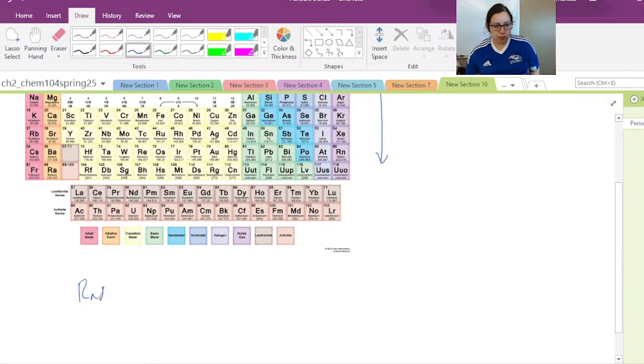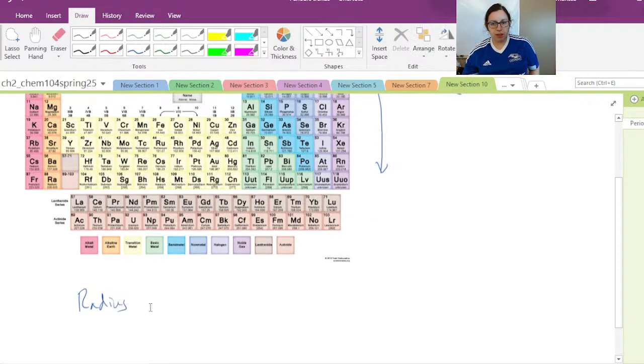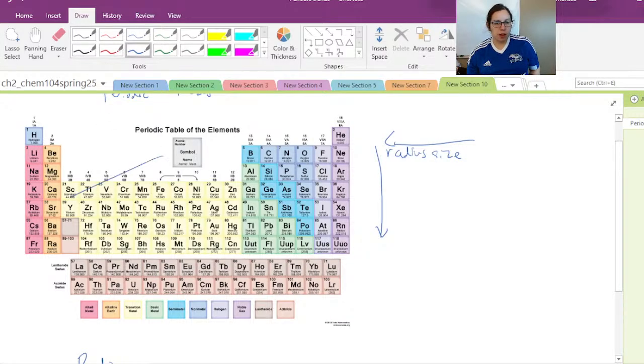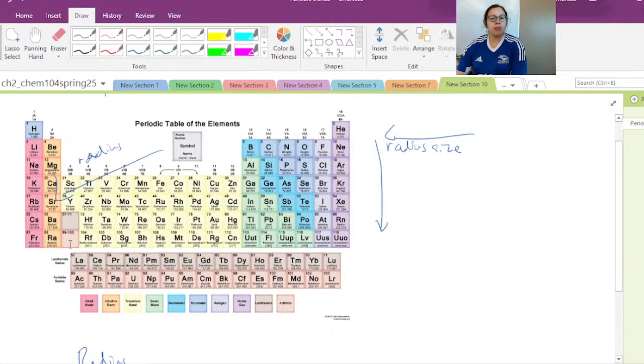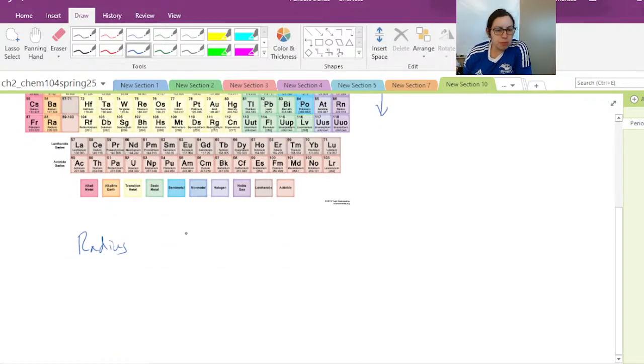Let me make that a little more clear. So radius, sometimes I like to just write a trend of radius size across, that this is the largest. But let's look at that a little bit more deeply. So radius, again, it increases.